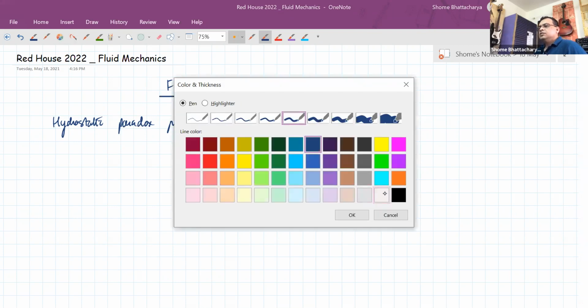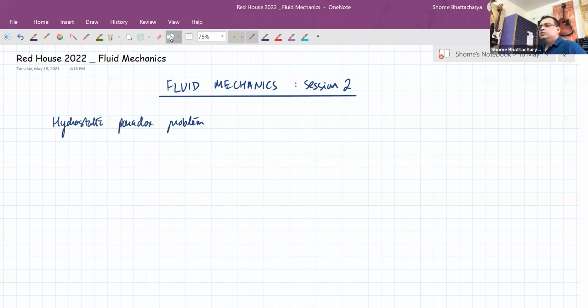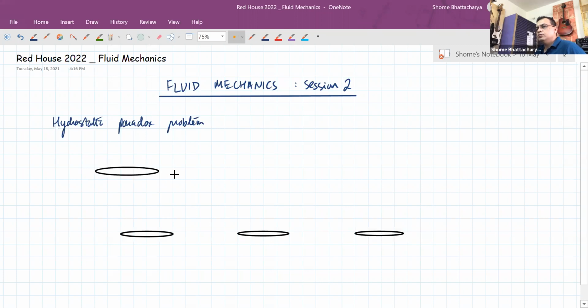So the idea in this is like this, that we have, let's say, three containers which are of identical base area, but having different overall volume, because one of the containers is conical and increasing in cross section as you go up.